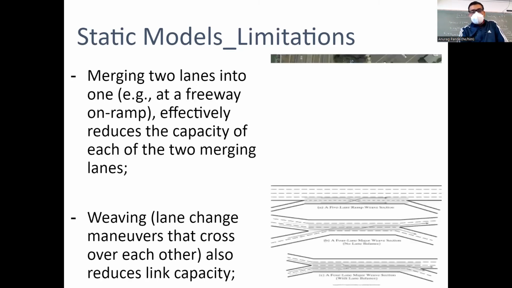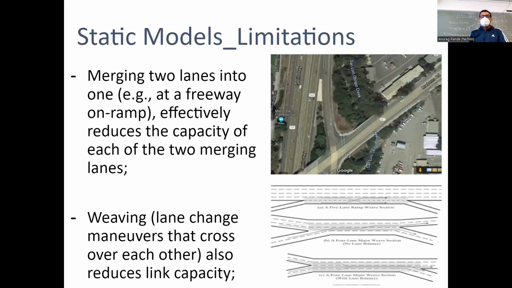And there could be various reasons for that. For example, merging 2 lanes into one effectively reduces the capacity of each of the 2 merging lanes. And if your interest in modeling stems from wanting to see what happens in that congestion, and maybe you have these spots all over the network, then you need some accounting for that, because the conservation of flow might not apply.